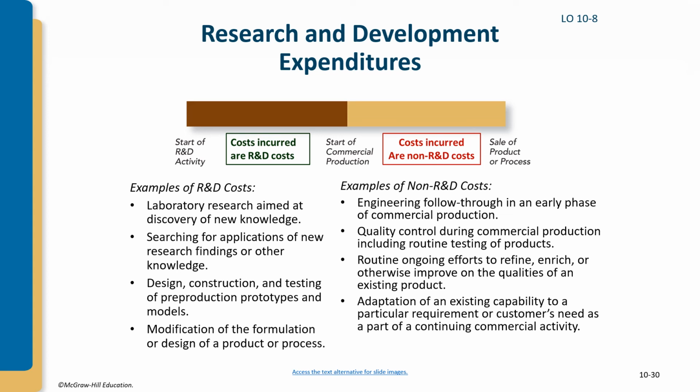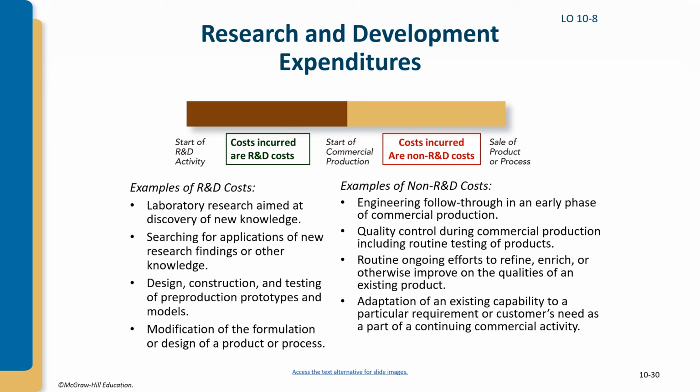Here's some examples of non-R&D, which may not be immediately expensed. Engineering follow-through in an early phase of commercial production. So now you're starting to make the product. That's not research and development. Quality control during commercial production. Routine ongoing efforts to refine, enrich, or improve the quality of an existing product.